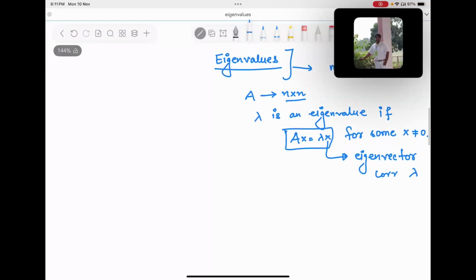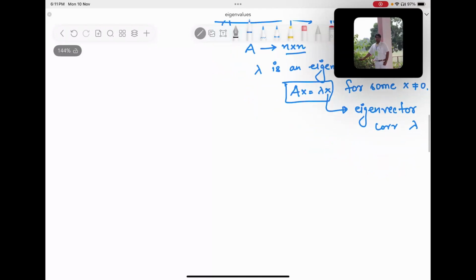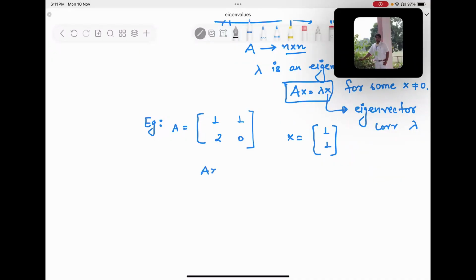Now let me give you one very simple example. Suppose you take this matrix, 1, 1 and 2, 0. Now if you take x equals 1, 1, then the matrix A is this one. Can you calculate what is Ax?